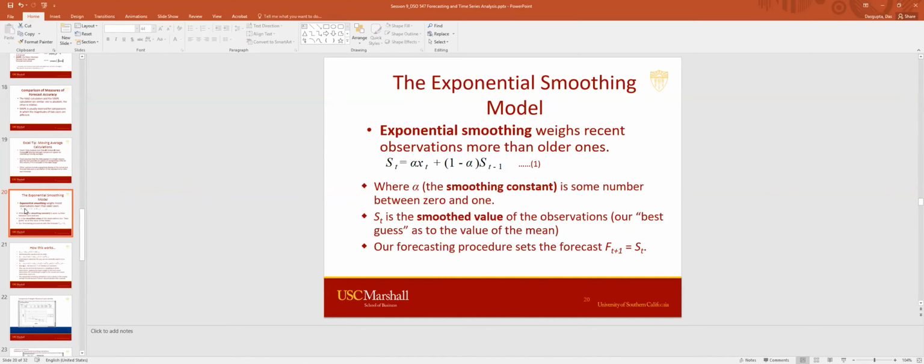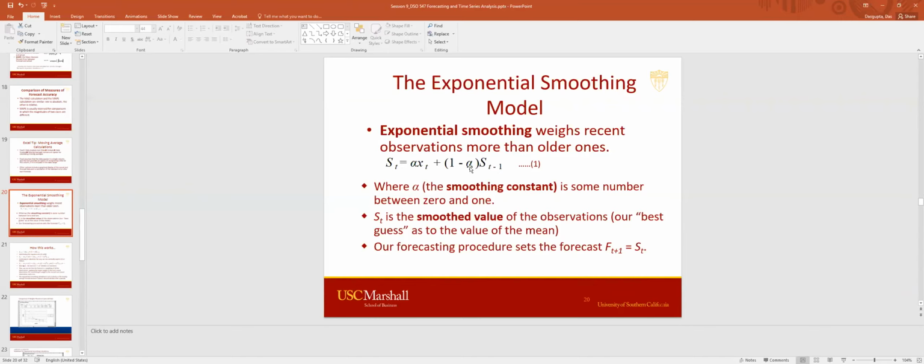Let me explain the theory first. So it says a smoothed value of the observations is alpha times the observed value for period t. Alpha is a number between 0 and 1. It's a smoothing constant. How to select it, we will learn.